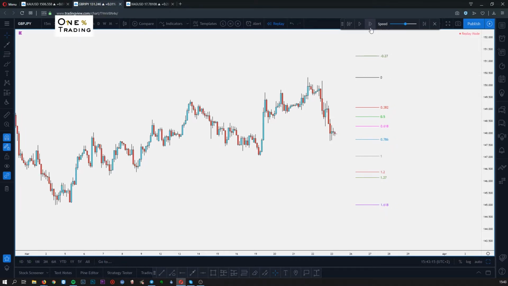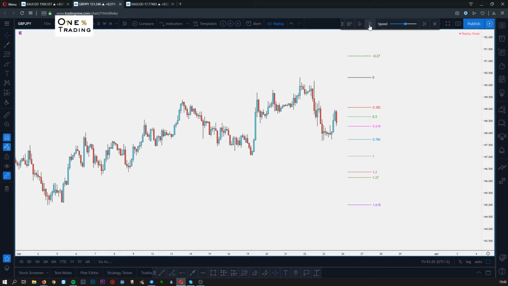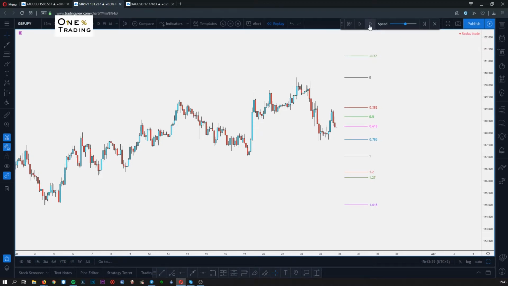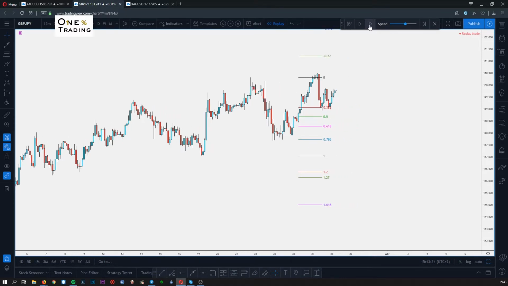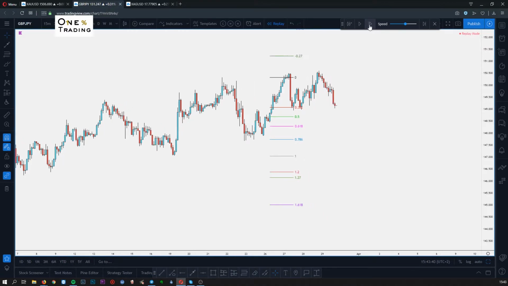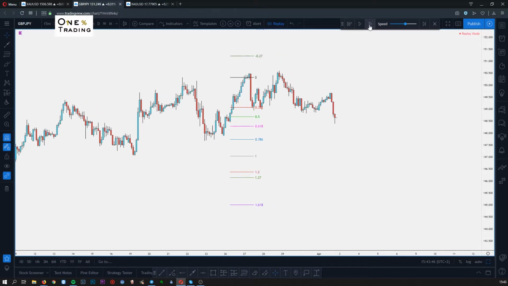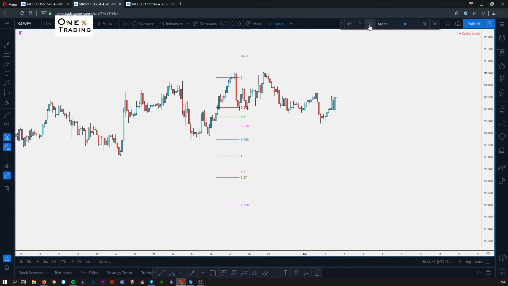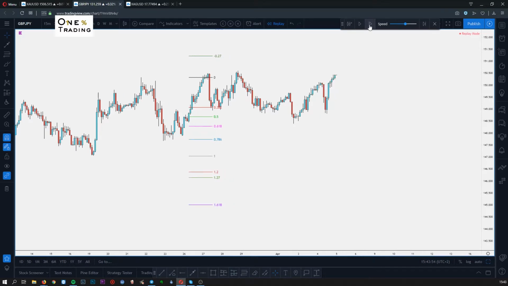If we jump a little bit further, some rejection again, and this could also be an entry. Let's just rewind this quickly. I just want the price to go a little bit higher, so we can actually say that we formed a significant higher high.